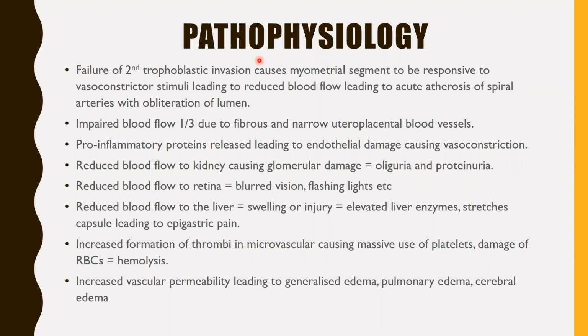We're going to find that there's proteinuria, and oliguria also may be a presentation that the patient will come with as they visit the hospital. And the reduction in blood flow to the eyes will cause blurred vision, flashing lights, and also may cause scotoma.